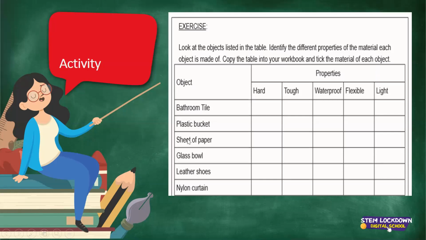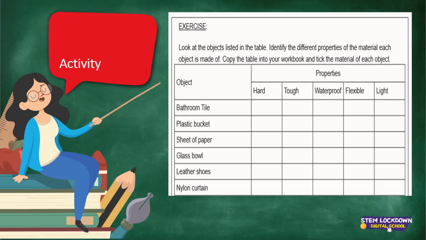Okay, and then you move to the other one, which is the sheet of paper. Same thing. You think of a paper, and then you think, is it hard? Is it tough? Is it waterproof? Flexible? Remember, when something is flexible, it means are you able to stretch it?